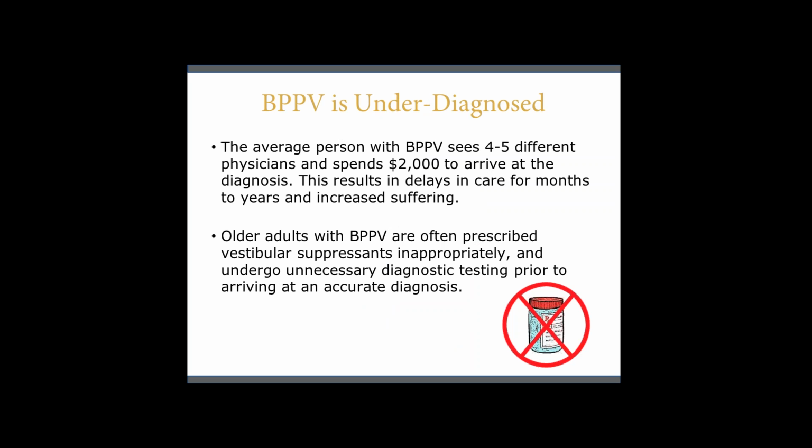The average person with BPPV sees between 4 and 5 different doctors and spends an average of $2,000 before they arrive at a diagnosis. A lot of older adults, especially those who aren't able to advocate for themselves or who take the first word of the first doctor they meet, don't pursue further assessment. They either keep suffering for a long time or end up on long-term vestibular suppressant medication, typically meclizine, which is commonly prescribed. They may even undergo unnecessary diagnostic testing.